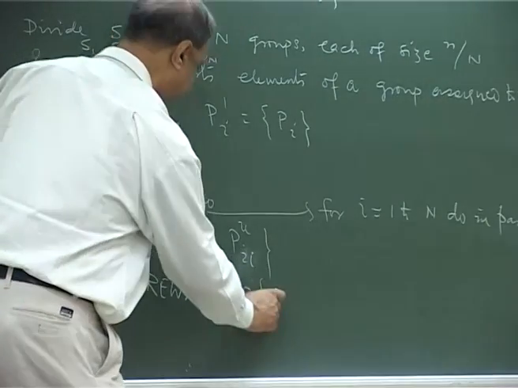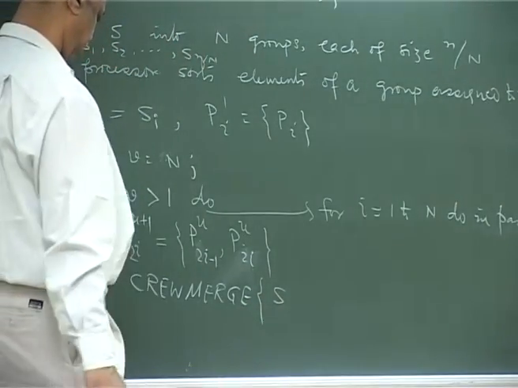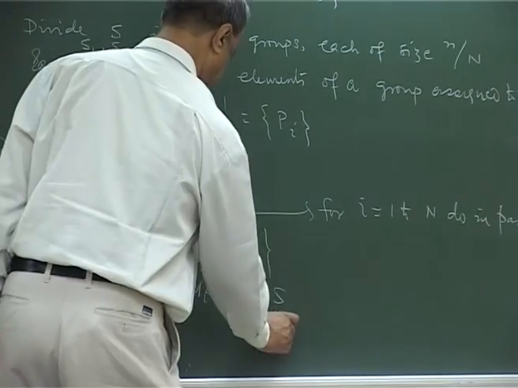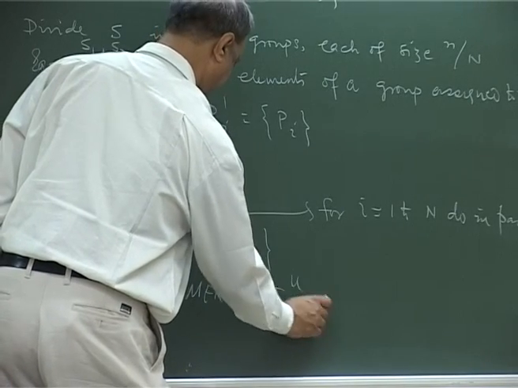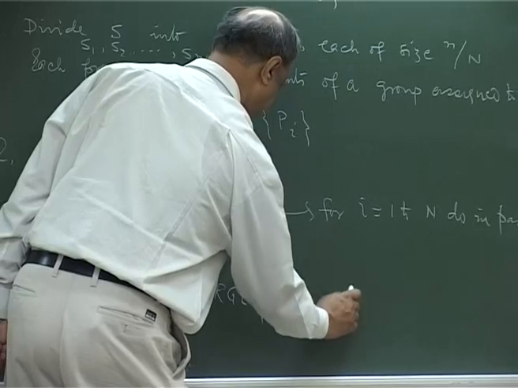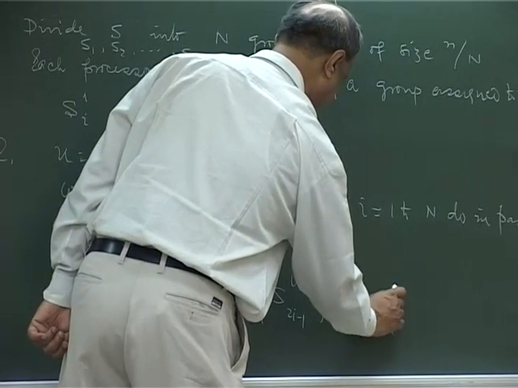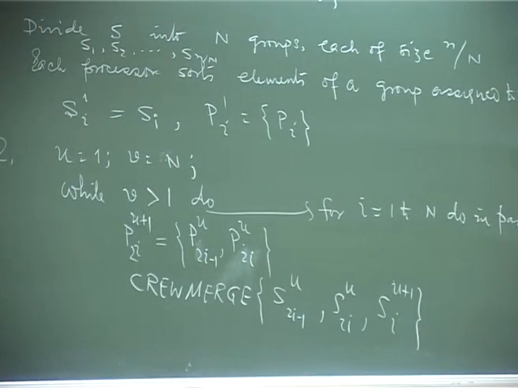Which routines? It is S(2i minus 1) and S(2i), merged into S(u plus 1). Right?